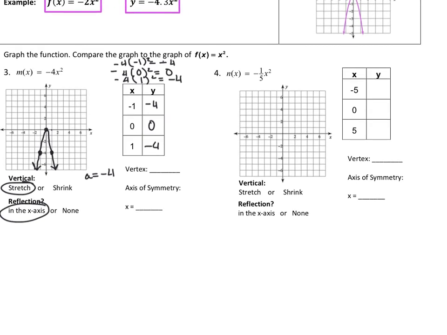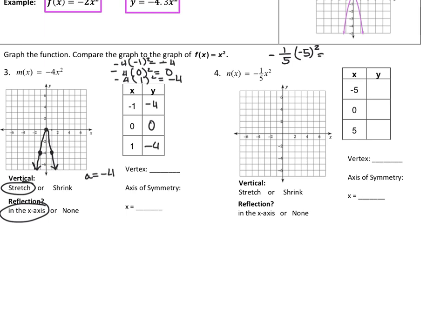So number 4, we have n of x is equal to negative 1/5 x to the second power. So wherever there's an x, I'm going to put this number so I can find my y values. So negative 1/5 times negative 5 to the second power.